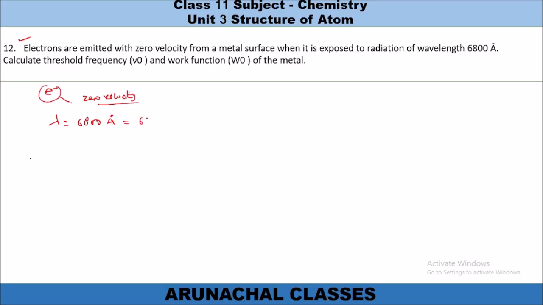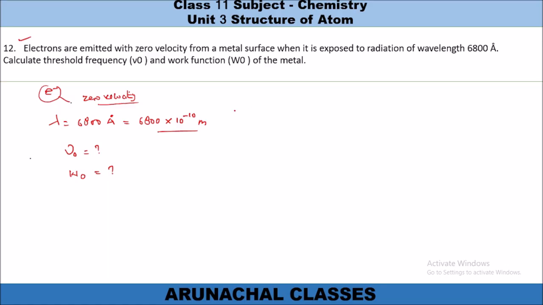We can convert this into meter: 6800 × 10^-10 meter. Now calculate the threshold frequency, which we denote with ν₀, and we also have to find the work function W₀ for the metal.